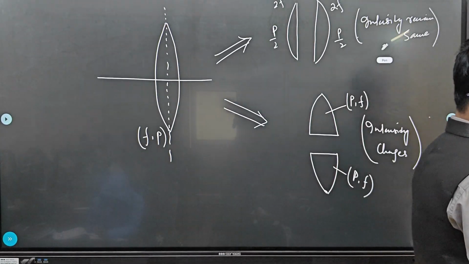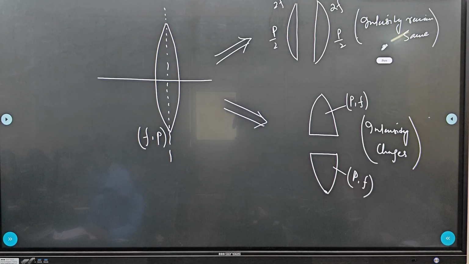Done? Please do it by yourself for concave lens. This is for convex, right? Same. What have you learned here?